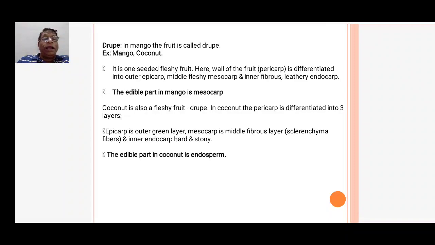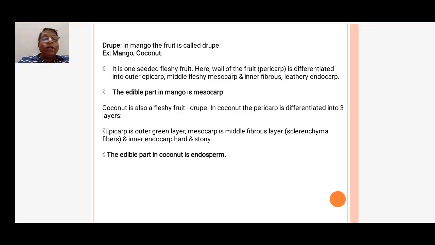The middle layer is called mesocarp, which is made up of sclerenchyma fibers. ತೆಂಗಿನ ನಾರು ಅಂತ ನಾವೇನು ಹೇಳ್ತೀವಿ, that is nothing but mesocarp. The inner endocarp is hard and stony. That is chippu.